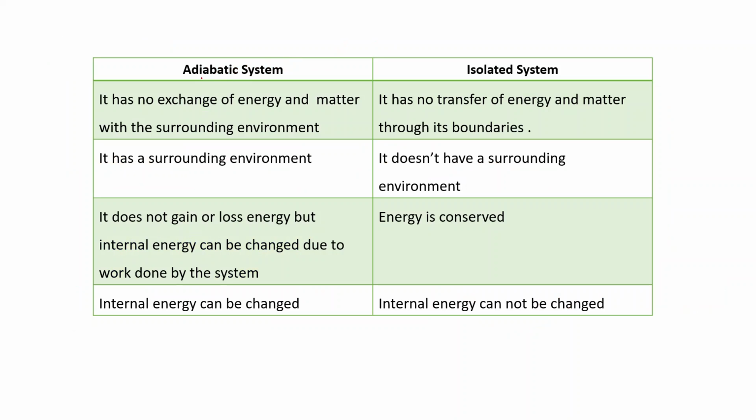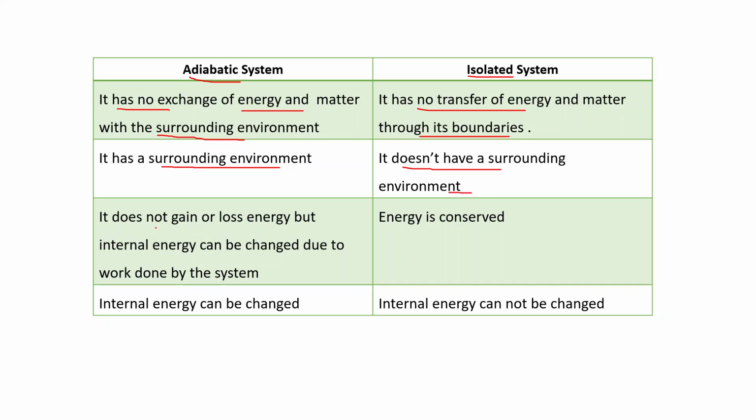Now, what are the differences between adiabatic system and isolated system? An isolated system has no exchange of energy and matter with the surrounding environment. It has no transfer of energy and matter through its boundaries. In case of adiabatic system, it has a surrounding environment. But in isolated system, it does not have a surrounding environment.